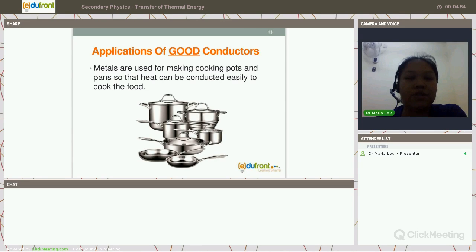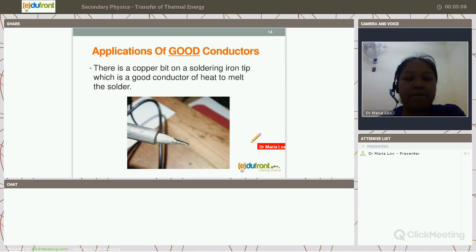Next, we talk about applications of good conductors. Metals are used for making cooking pots and pans so the heat can be conducted easily to cook the food. So this is one good example of using metals as a good conductor. Another application of a good conductor is a copper tip on a soldering iron.